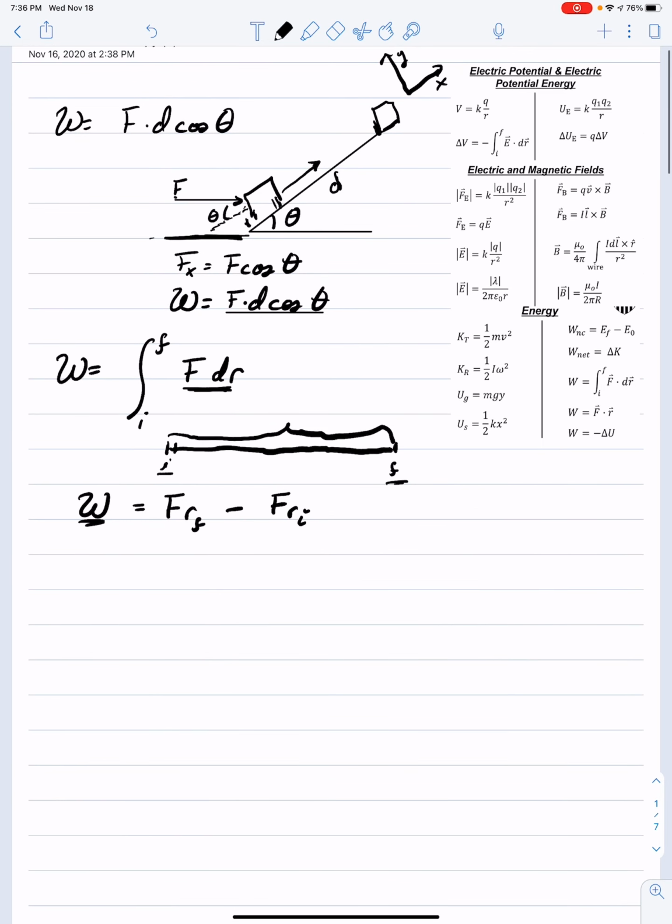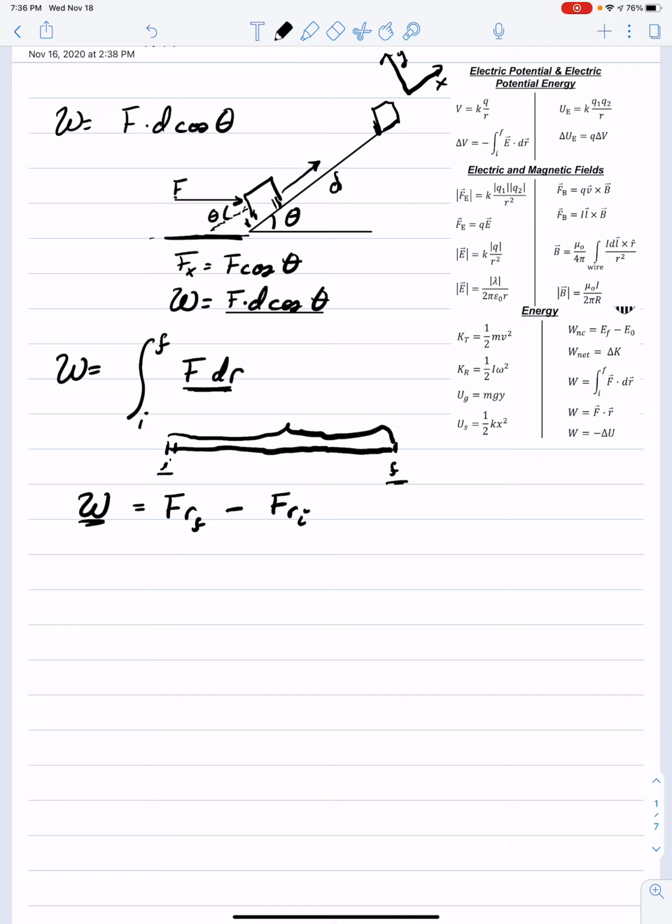Now that we covered that, let's talk about potential energy. Potential energy is the energy that can be used to do work. It is energy due to position.